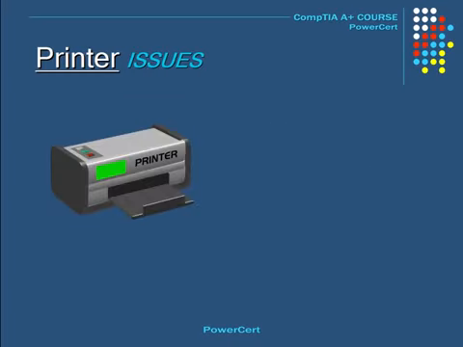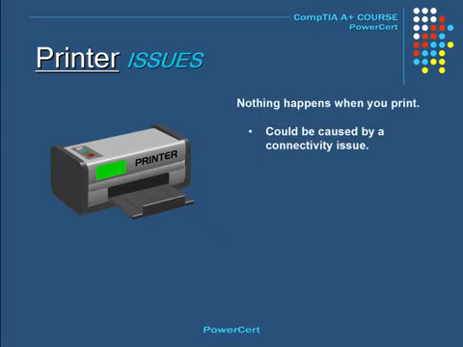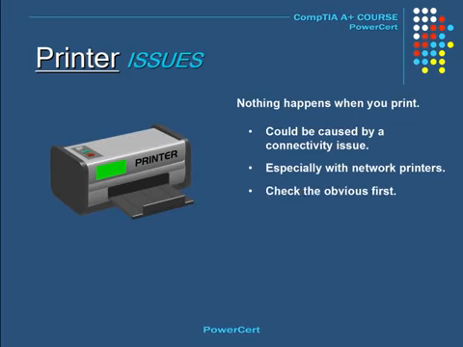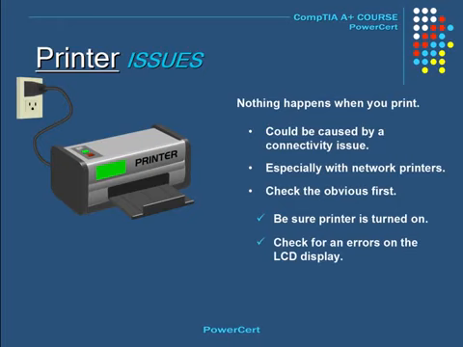A lot of times when you're trying to print something and then absolutely nothing happens, then this could be a connectivity issue. Connectivity issues are extremely common, especially when you're dealing with network printers. But the first things to check are the obvious ones. For example, make sure the printer is actually turned on. Or check for any errors on the printer's LCD display if it has one.